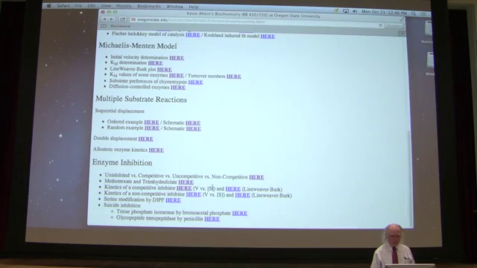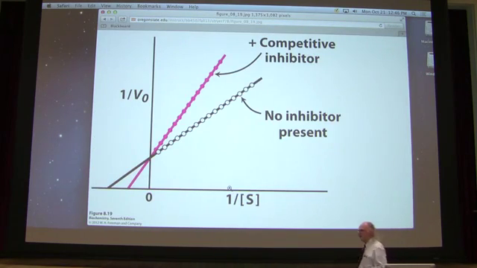Now, if I were to look at the same thing on a Lineweaver-Burk plot, this is what I would see. Here's the uninhibited in black, and here is the inhibited reaction in red. Notice that the two lines cross right here. Why do you suppose they cross right here? Because Vmax does not change.